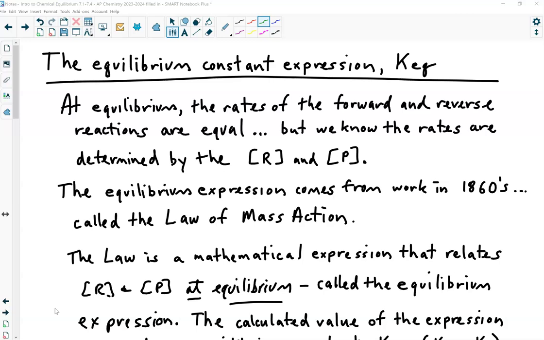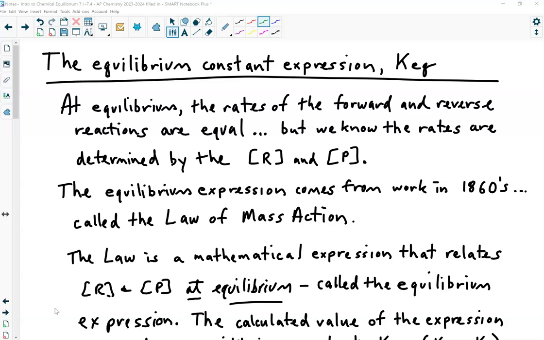And that's one of the factors that affects kinetics. So what we're going to try to do is write what's going on here in terms of the concentrations of reactant and product. This thing that we're going to talk about in a second is called the equilibrium expression. It's an equation that's going to include the concentrations of reactants and products and try to quantify what's going on at the point at which you reach equilibrium.